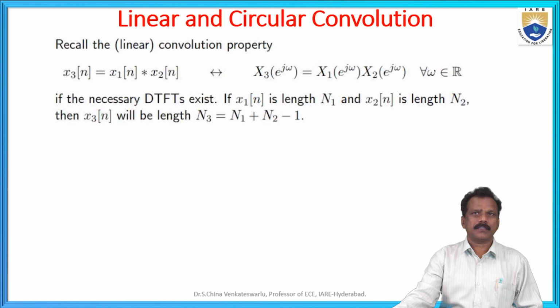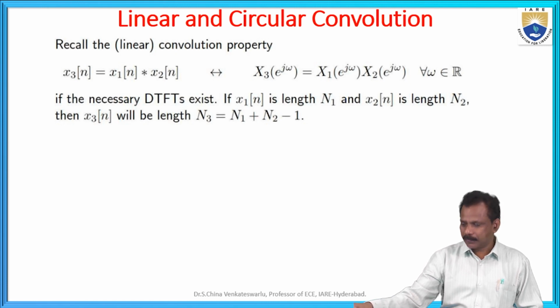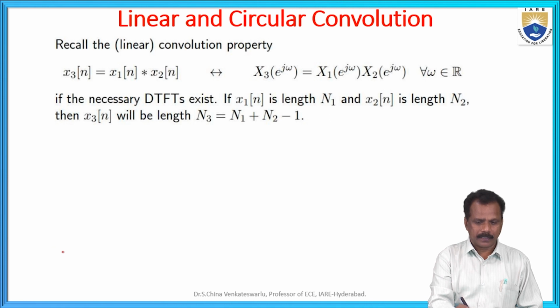Recall the linear convolution property: x3 of n is equal to x1 of n convolved with x2 of n.